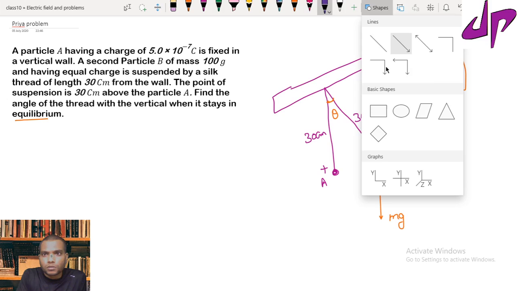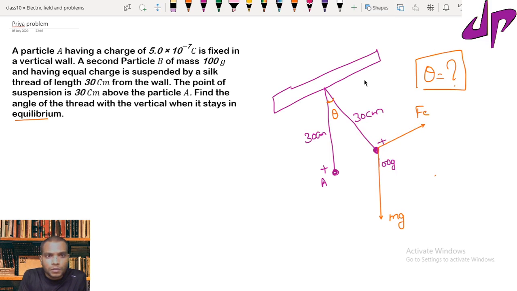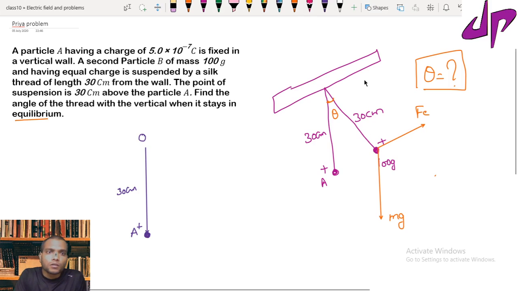Suppose a particle is suspended here. So this is a thread of length 30 centimeter. That is, O is the suspension point and A is the particle. So let it have a positive charge. Another particle, suppose I take another particle, that is there.